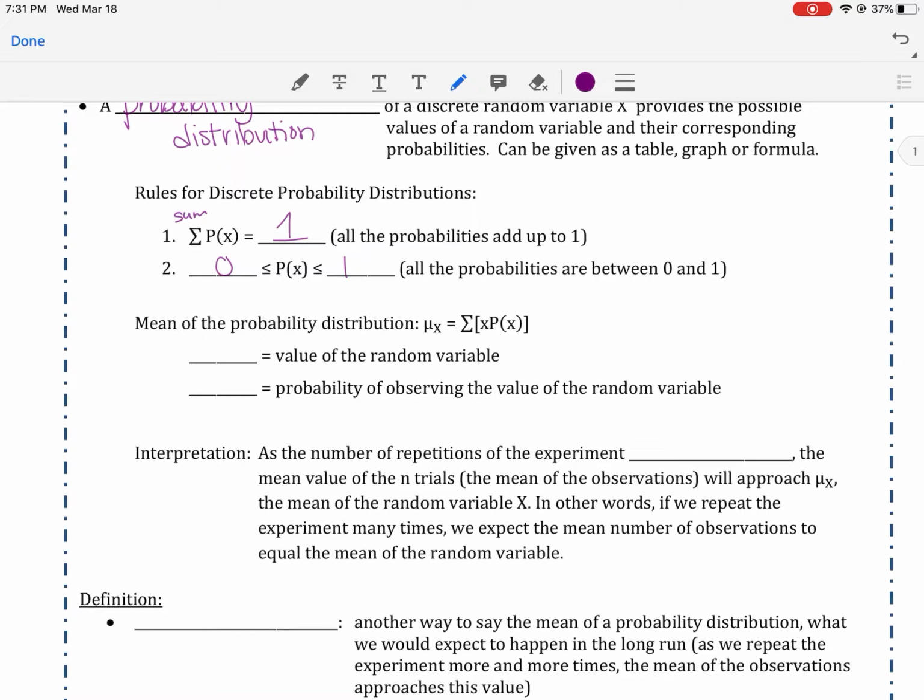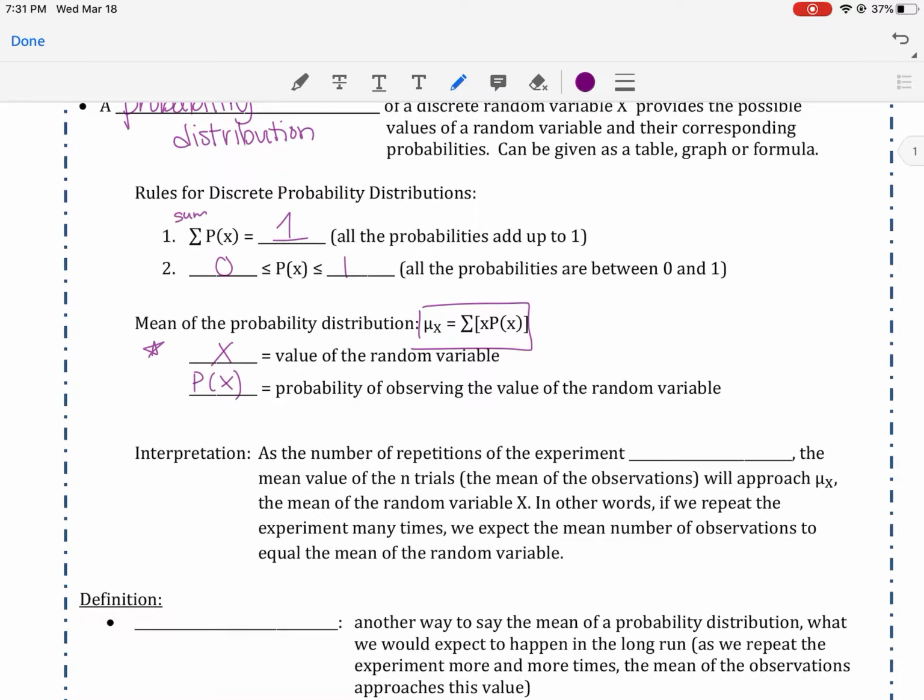The mean of these, I think this formula is given to you maybe on your pink sheet. I would not stress a lot about it. We'll do it on a calculator. In this case, you take the values of x, the random variable, and multiply them by the probabilities of observing that value.